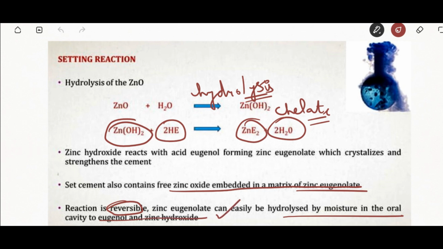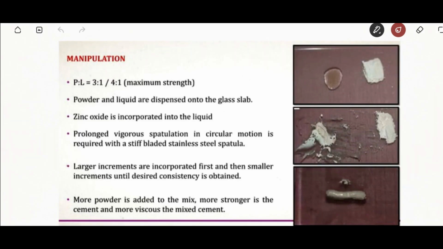The set cement consists of particles of zinc oxide embedded in a matrix of zinc eugenolate. The reaction is reversible. Zinc eugenolate can be easily hydrolyzed by moisture in the oral cavity to eugenol and zinc hydroxide.